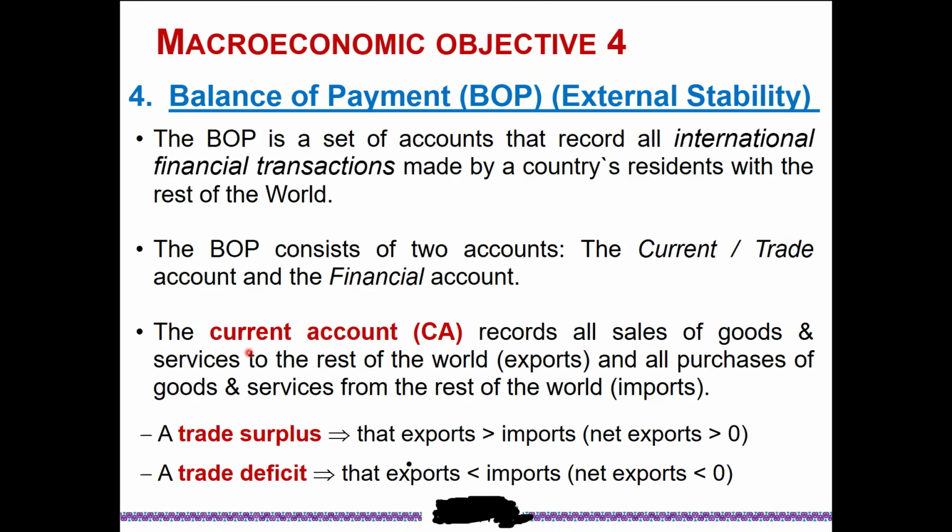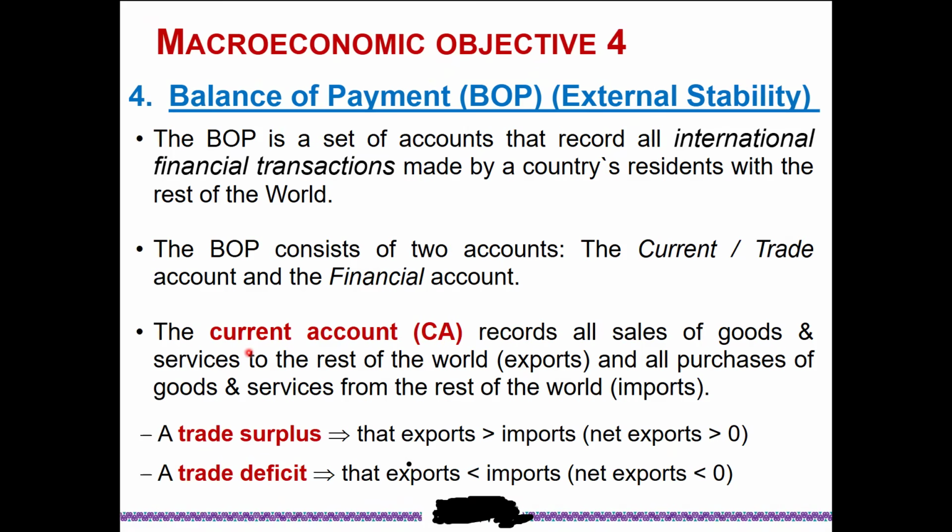Okay, the fourth macroeconomic objective is the balance of payments, which is external stability, right? So the balance of payments is an account that records all international financial transactions made by a country's residents with the rest of the world, right? It basically records all the transactions between the country's residents and the rest of the world, right?